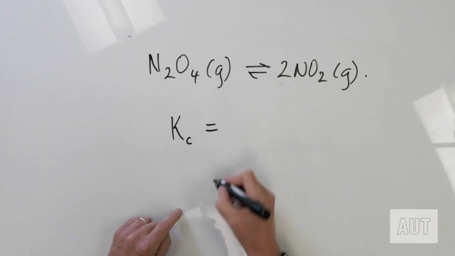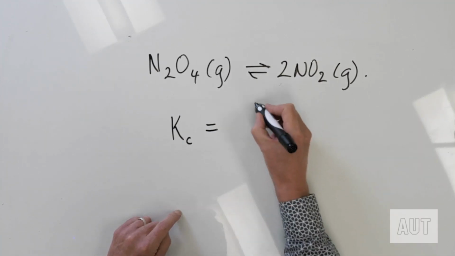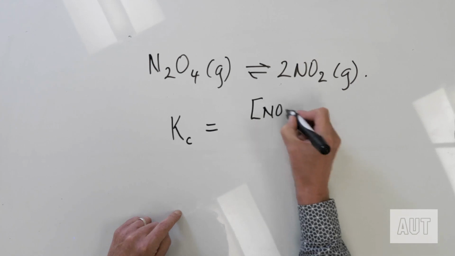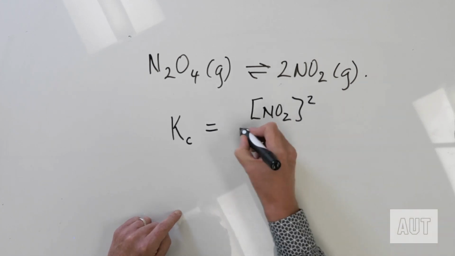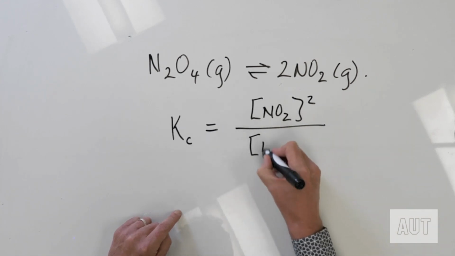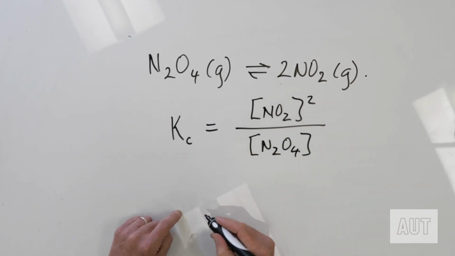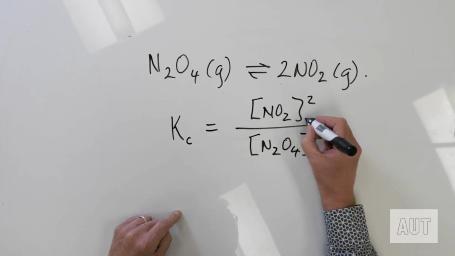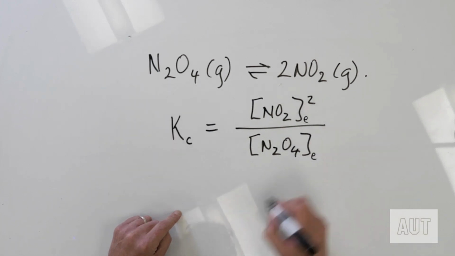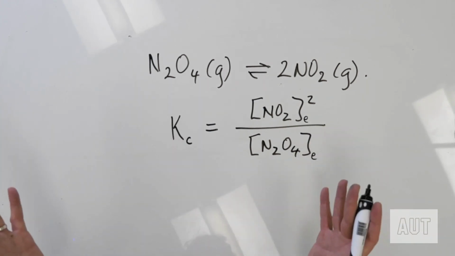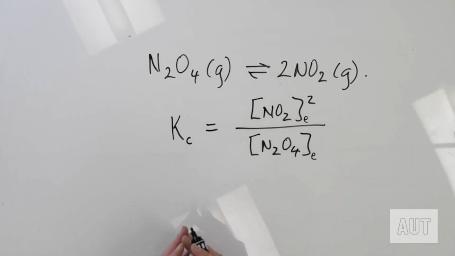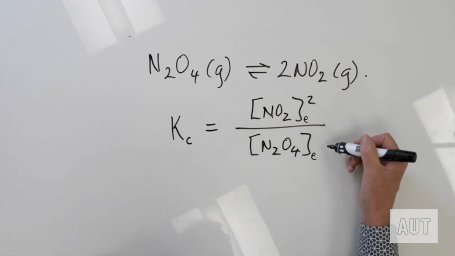And so for this particular equilibrium, our equilibrium constant is going to look like this. It's going to look like the concentration of NO2 squared divided by the concentration of N2O4, like that. And we would put a little E for equilibrium there, okay, although that's often left off because it is implied. This is our equilibrium constant expression.